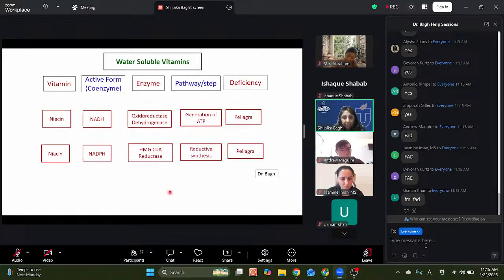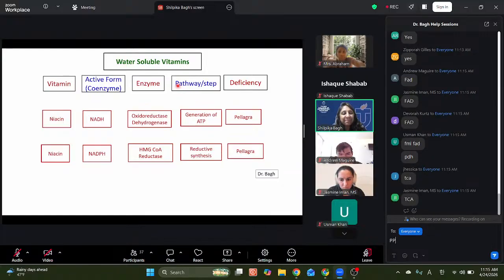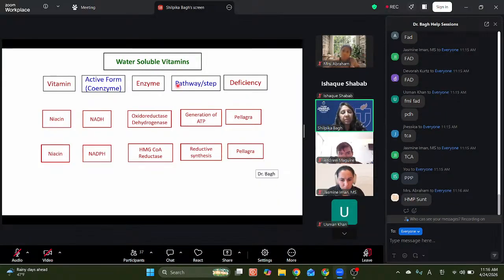And I've clearly given you an example of where NAD is used, where NADPH is used. So can you give me one pathway where NADH is used? Or maybe two pathways? When I'm saying pathway, you don't answer with an enzyme. TCA cycle. What else? Who said HMP? That's a wrong answer. Is that NADH or NADPH?